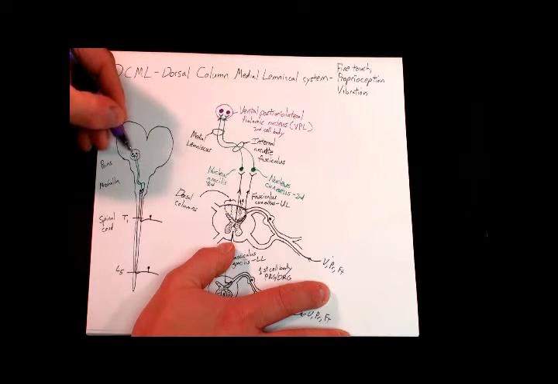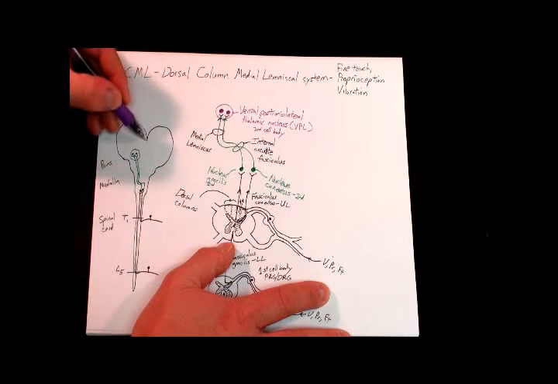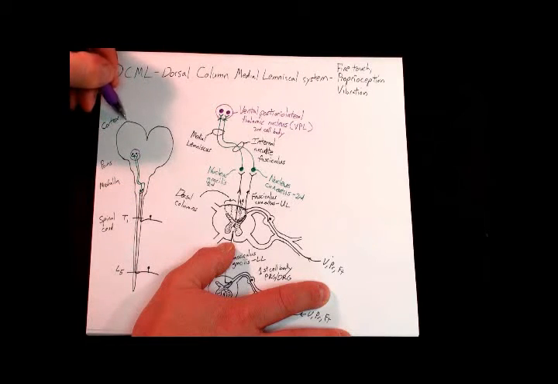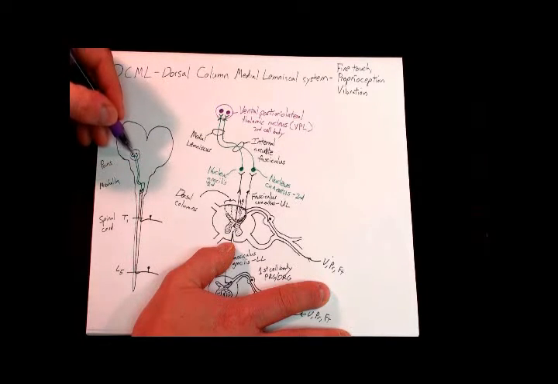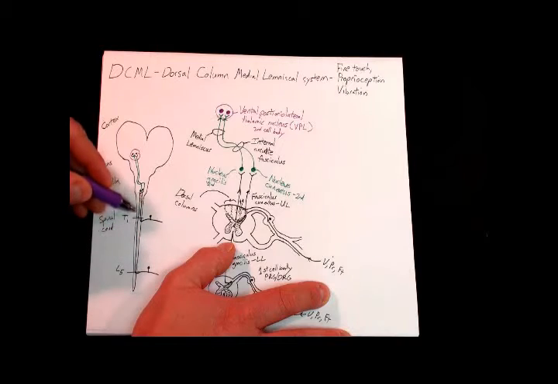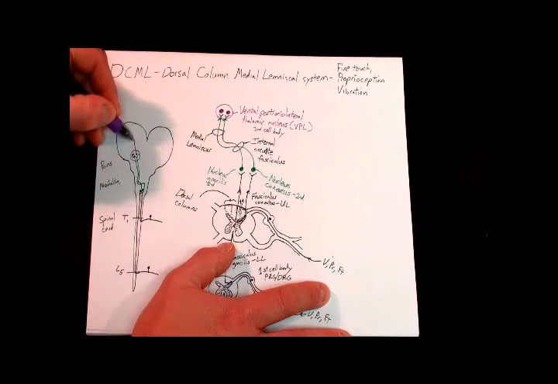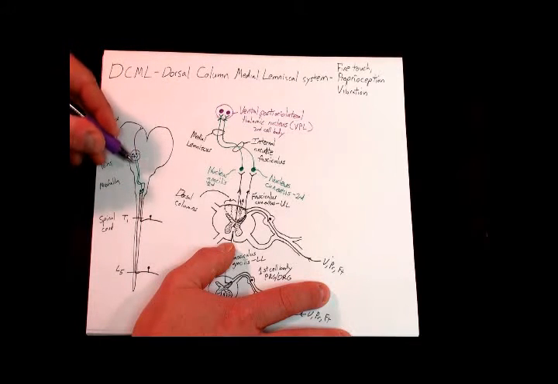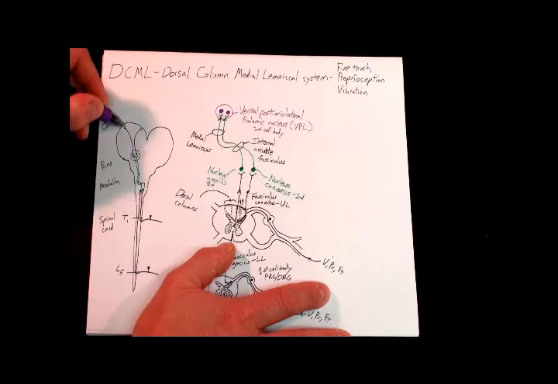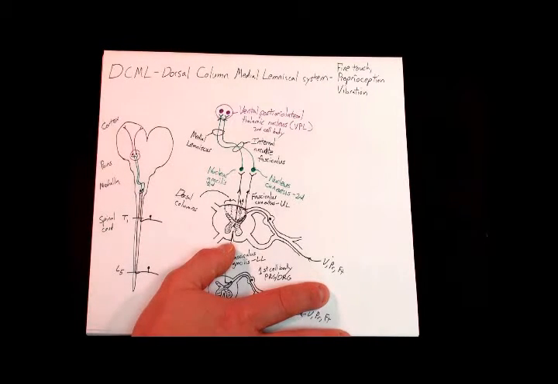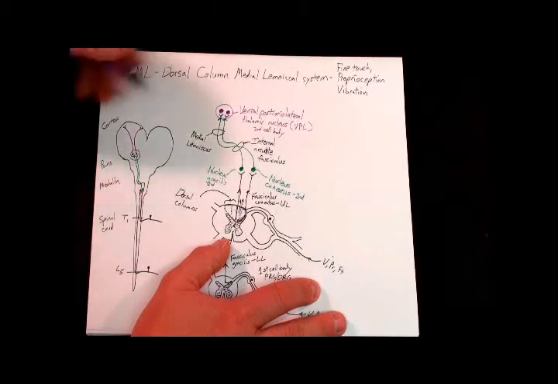If you remember the homunculus, the picture of the little guy with his knee dangling over here, his feet hanging down, torso, arms, head, tongue, etc., laid out across here, if the fasciculus gracilis is coming all the way from the legs, it is going to send information to the section that's involved with the lower limb. Likewise, fasciculus cuneatus goes to the trunk as well as the upper limb, and that's the section of the cortex that those guys are going to head off to.